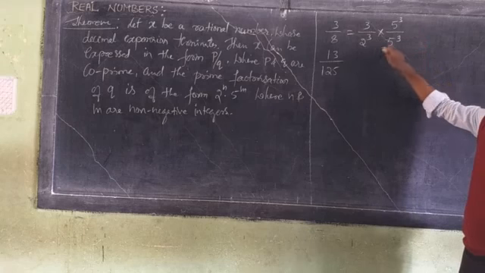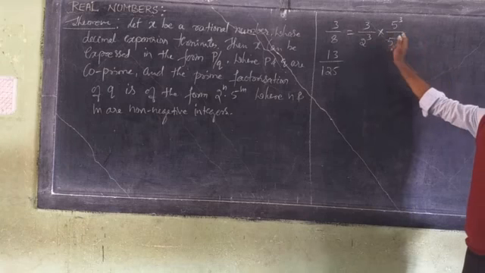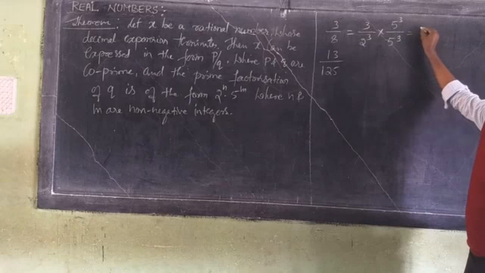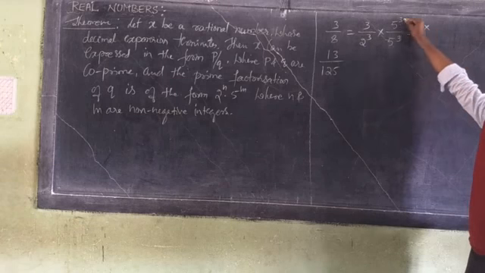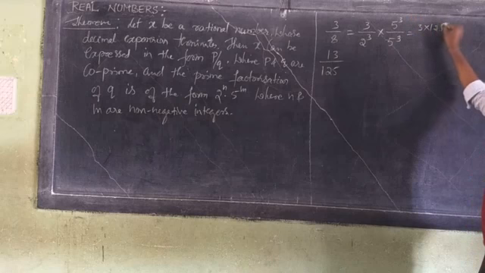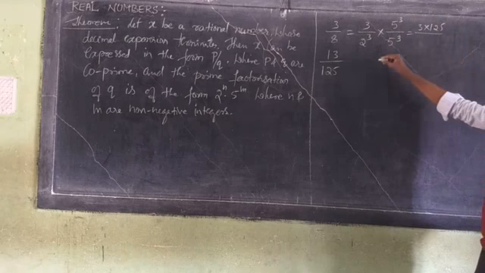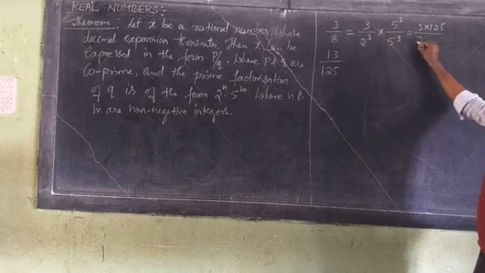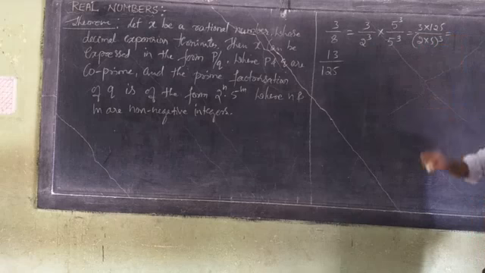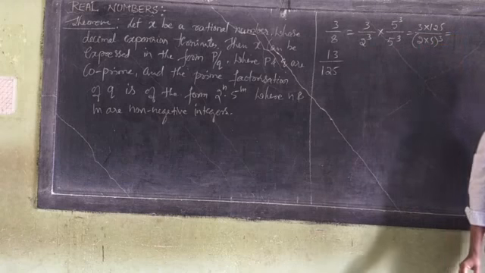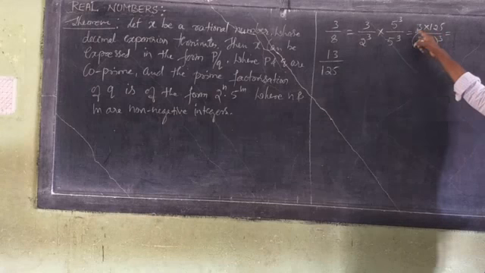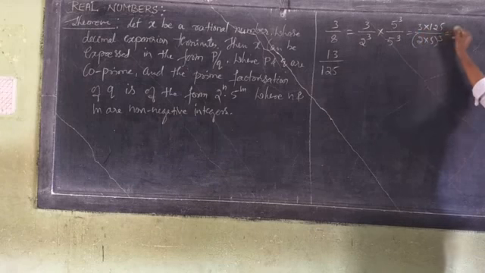Then the powers are equal. Then this can be written as 3 into 5 cube divided by 2 into 5 whole cube. 5 cube means 125, so that is 3 into 125.